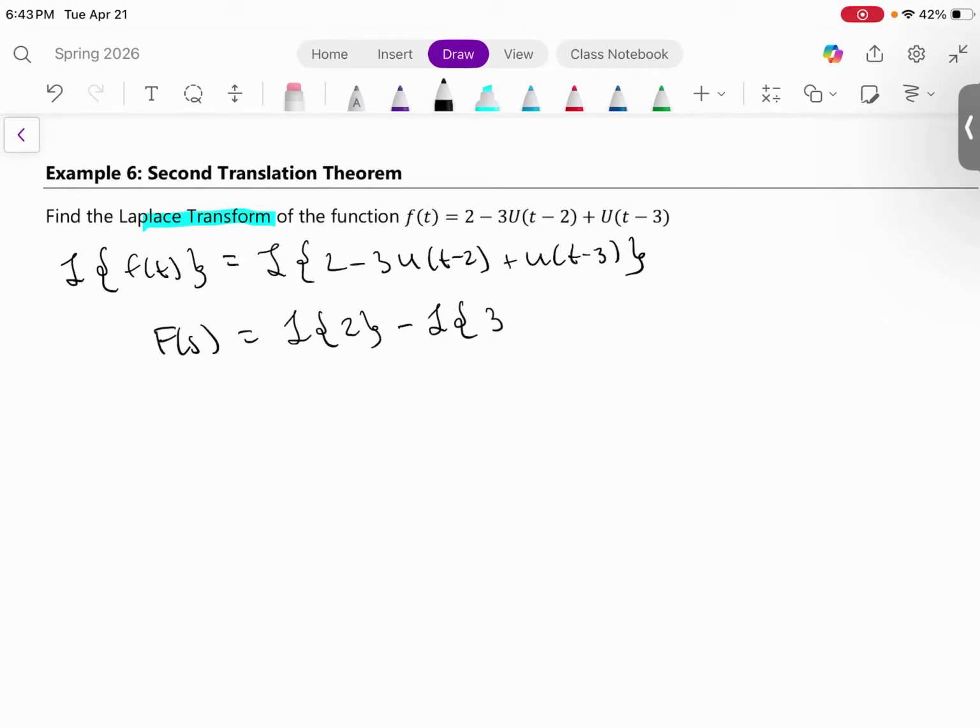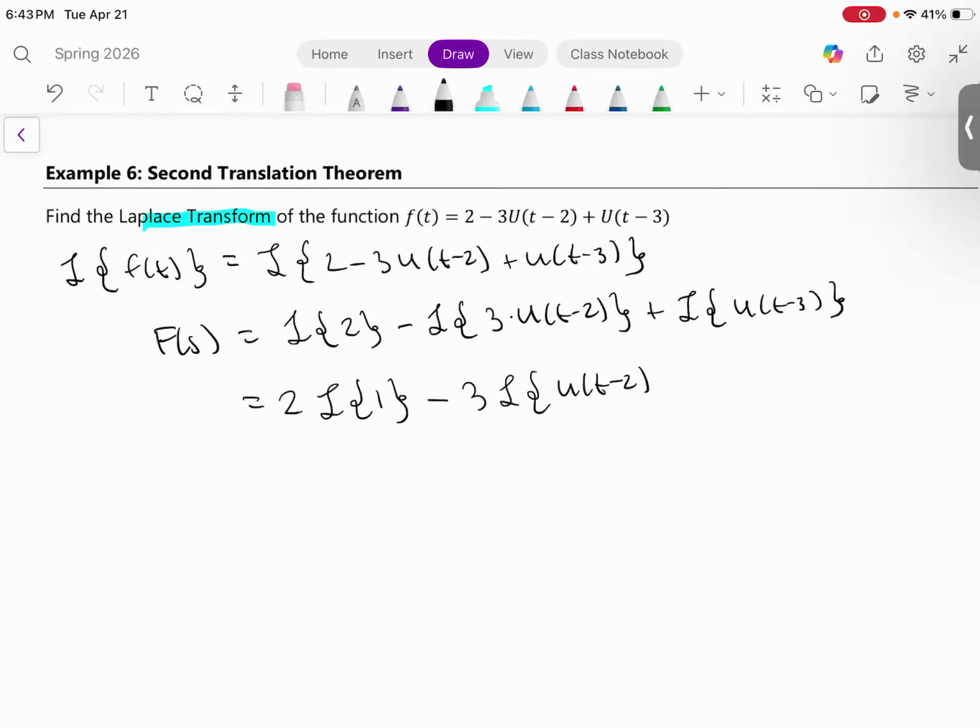Laplace of 3 u of t minus 2 plus the Laplace of u of t minus 3. And we could take the constants out, take out the 2. So it'll just be 2 times Laplace of 1 minus 3 Laplace of u of t minus 2 plus Laplace of unit step function u of t minus 3.